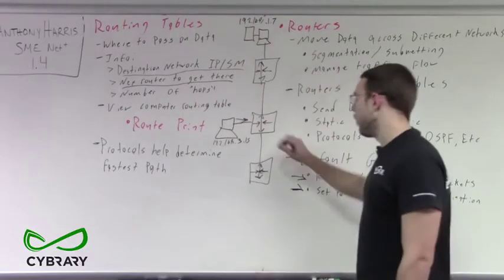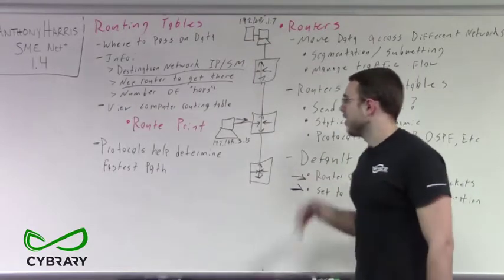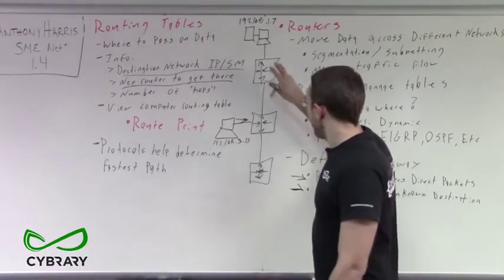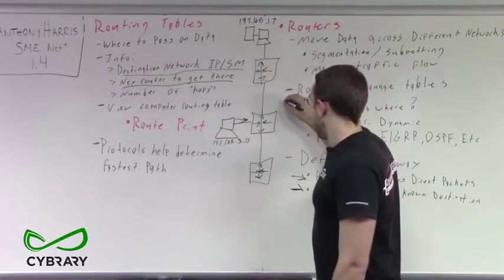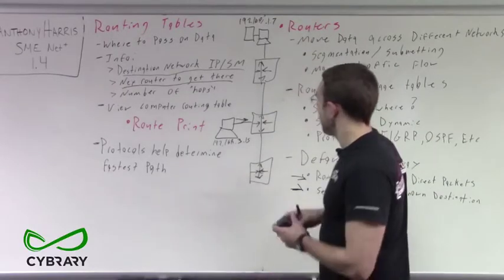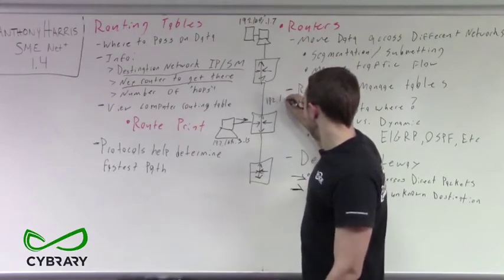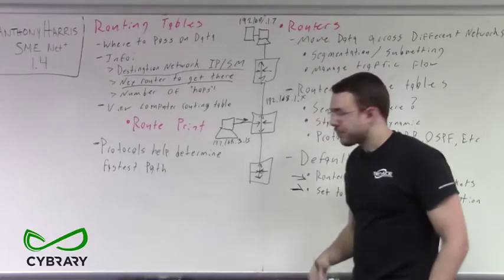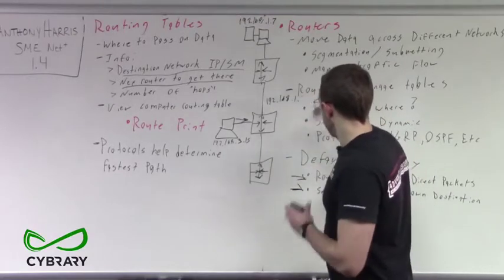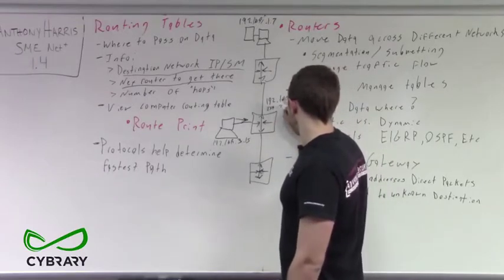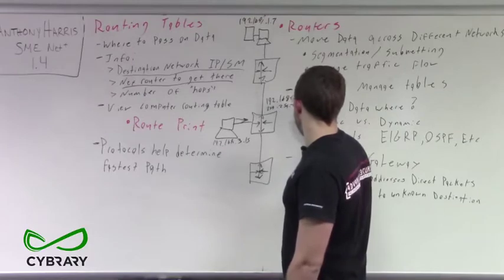192.168.1.7. Well, my router is going to check its routing tables, and it's going to say, okay, well, I have a network over here that I know I can get to, that its network ID is 192.168.1.0, and then its subnet mask is 255.255.255.0.